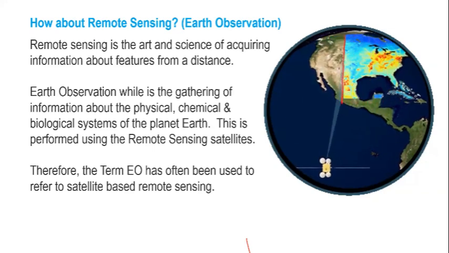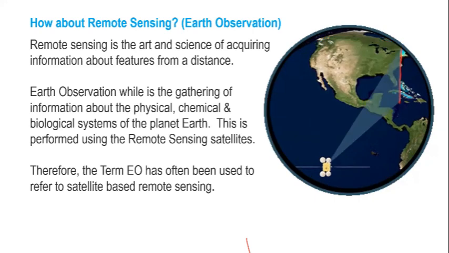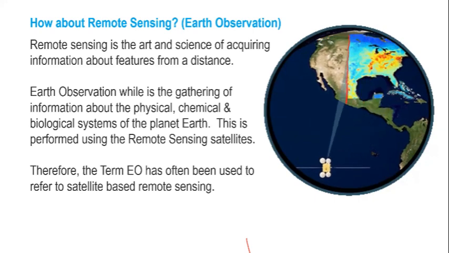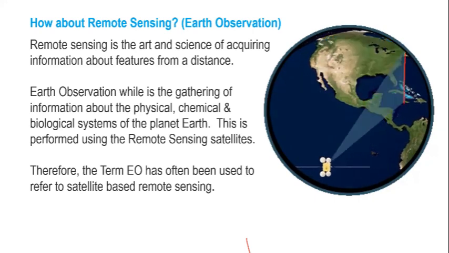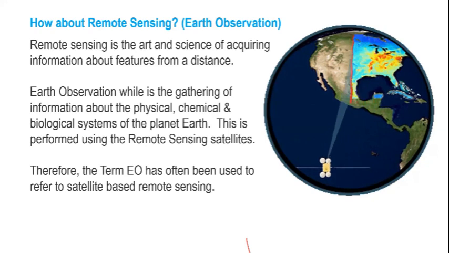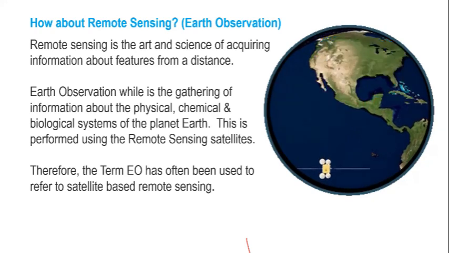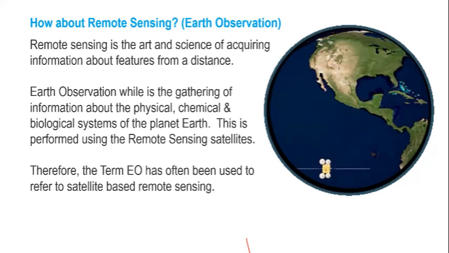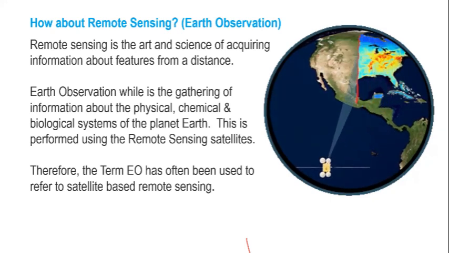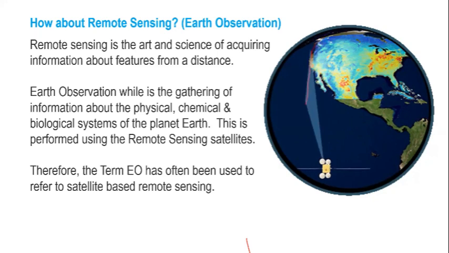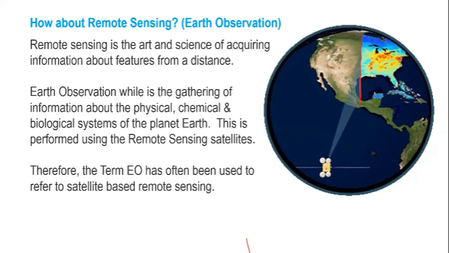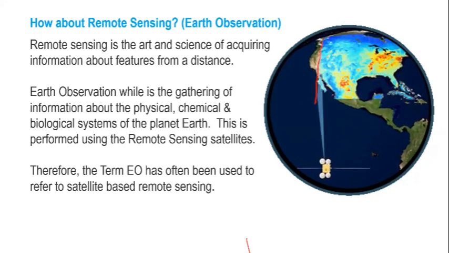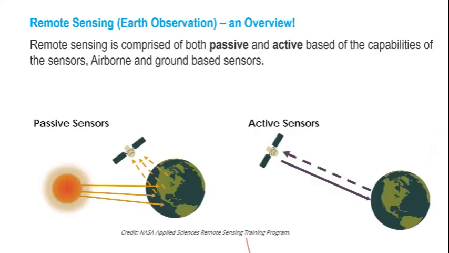In this case, the focus would be more on the satellites. So therefore, the term EO is mostly used to refer to satellite-based remote sensing of the Earth. And in this case, soil is a component of the Earth that we are interested in. And therefore, we need to understand the concept of remote sensing.